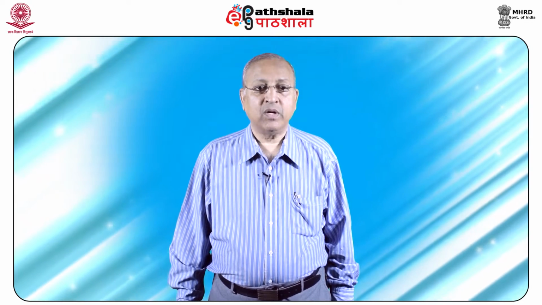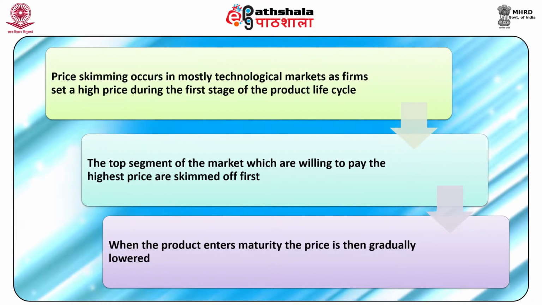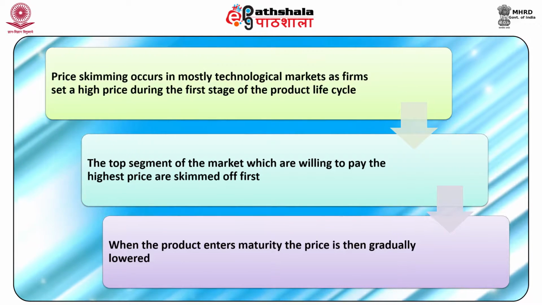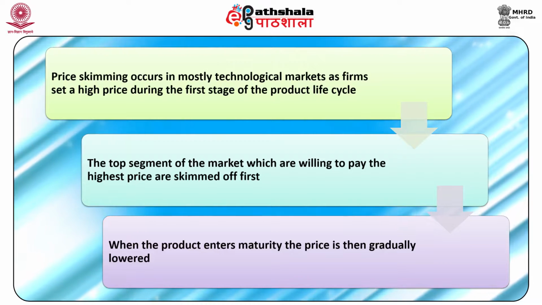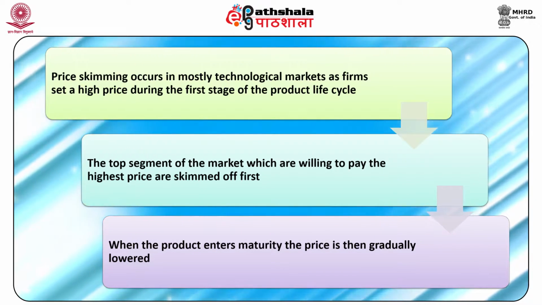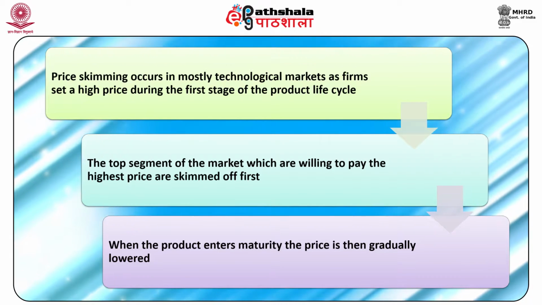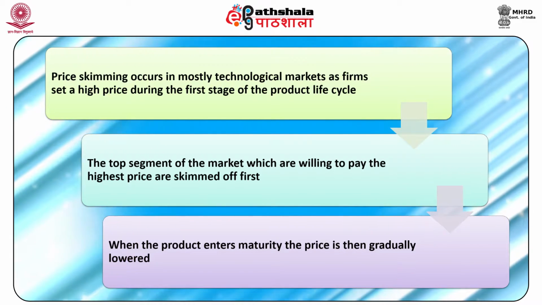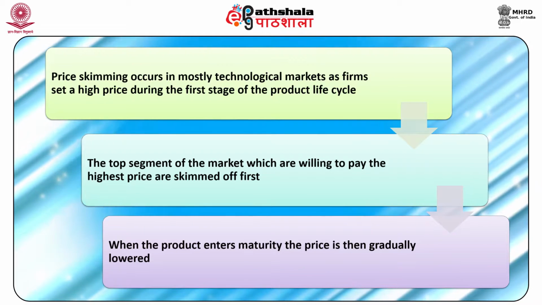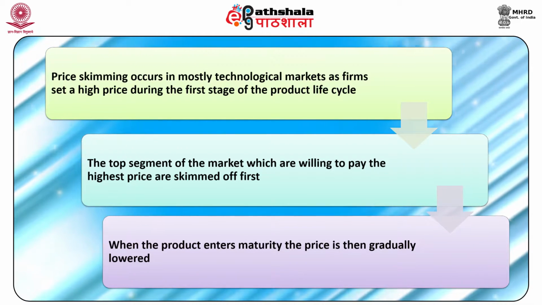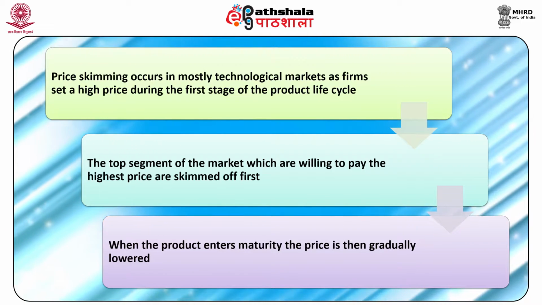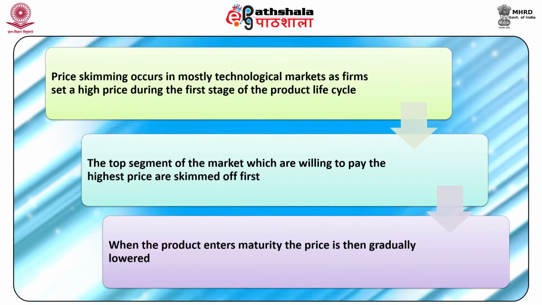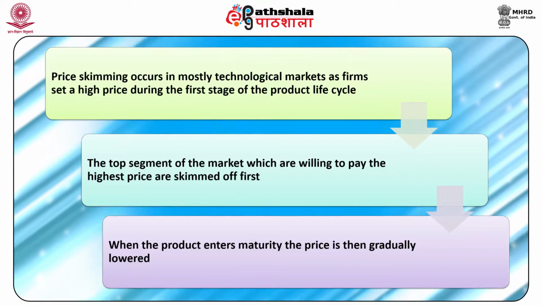So therefore this price skimming policy has been used by certain firms, certain marketeers, and it is mostly in the technological market, as firms set higher prices during the initial stages of the product life cycle, that is electronics goods, for example, LED TVs and so on.